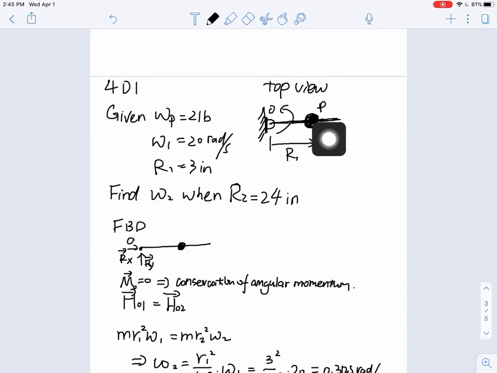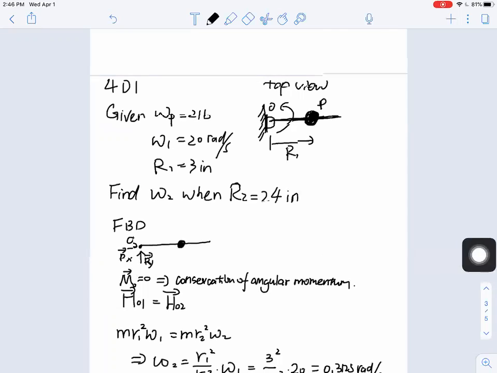This particle is sitting on the tabletop, and we're drawing the free body diagram from top down. So your gravitational force will go into the screen. That's why on the free body diagram we only have the reaction forces acting at point O. Thanks for that question.